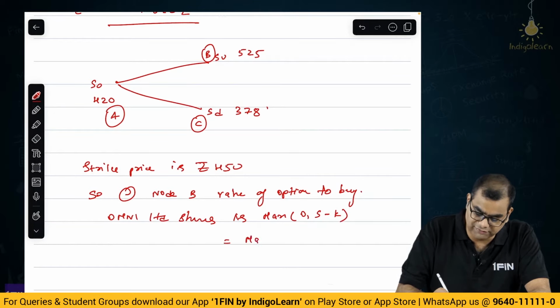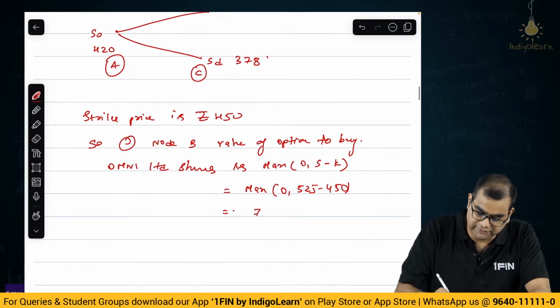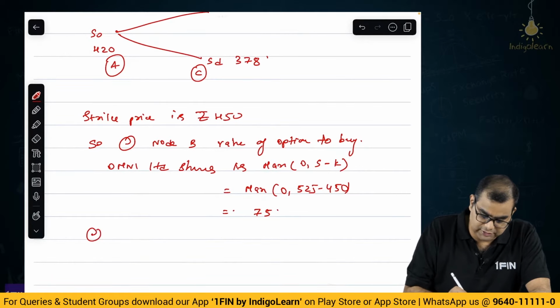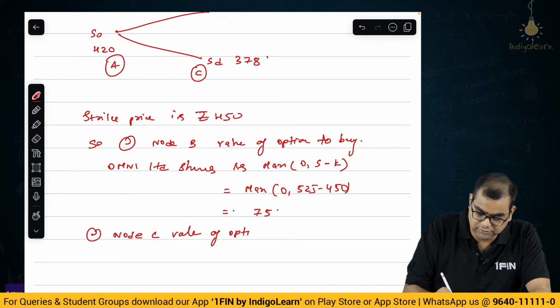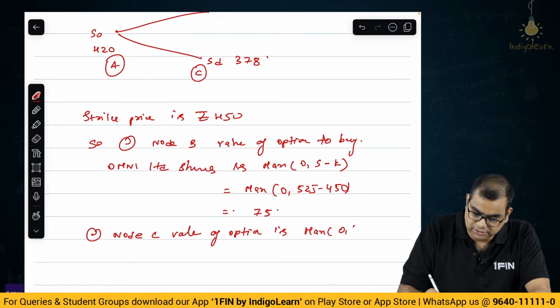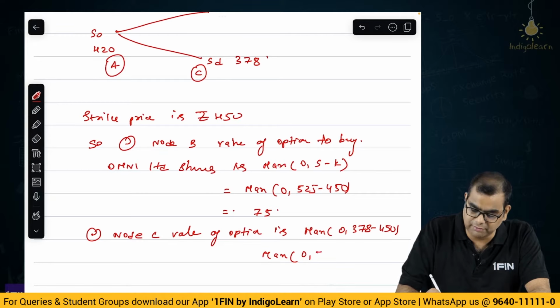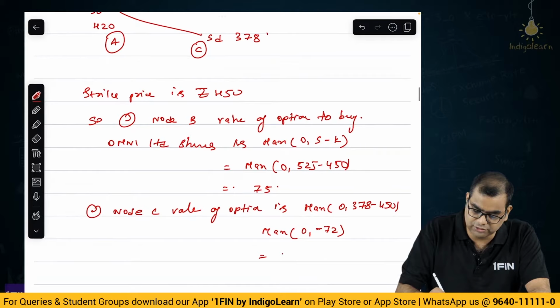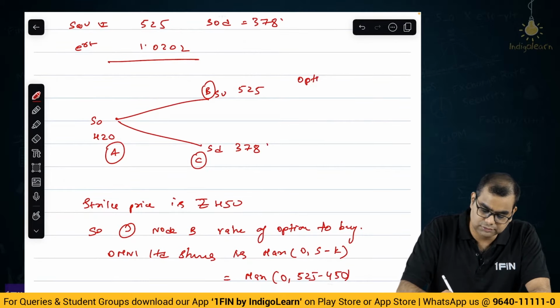This is max of 0, 525 minus 450, that is 75. At node C, the value of the option is max of 0, 378 minus 450, that is minus 72, so it is equal to 0. Right, option value. This is 75, this is 0.